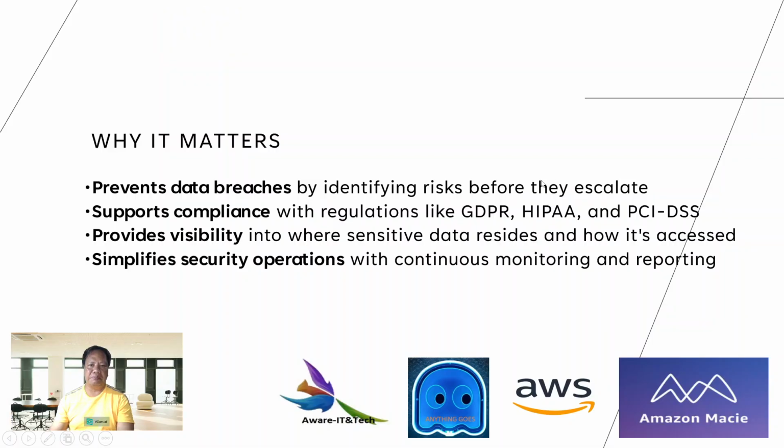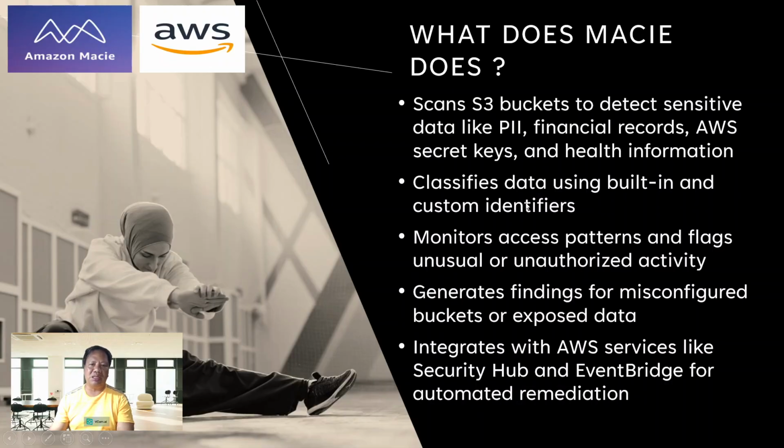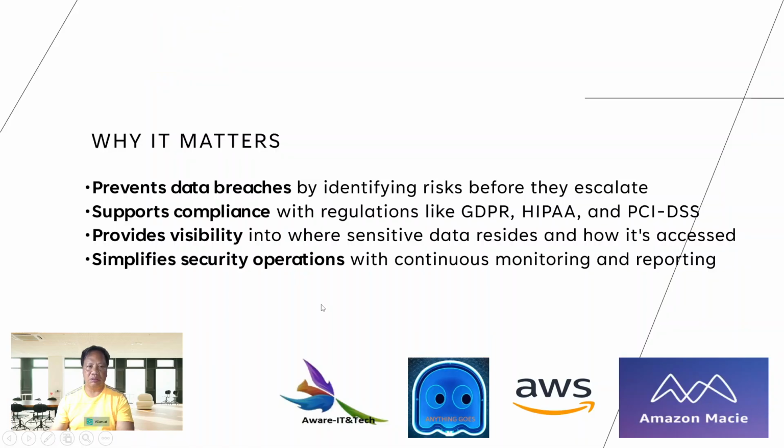What does Macie do? It scans S3 buckets, classifies data using built-in and custom identifiers, monitors access patterns, and flags unusual or unauthorized activity. It generates findings for misconfigured buckets or exposed data. It integrates with AWS services like Security Hub and EventBridge for automated remediation.